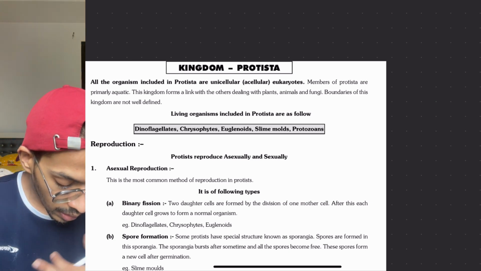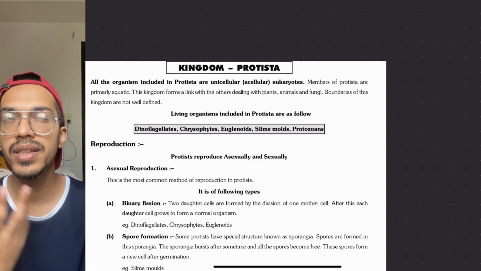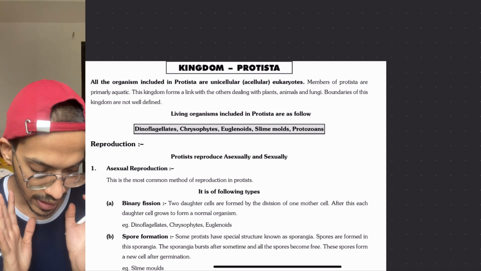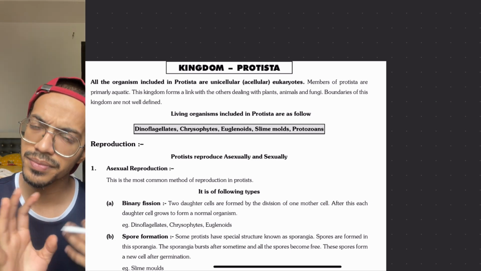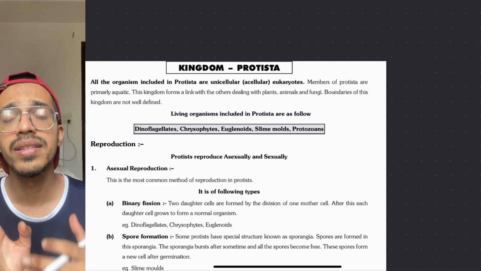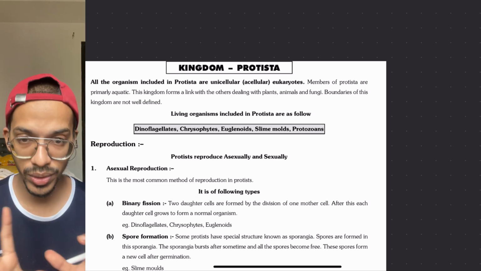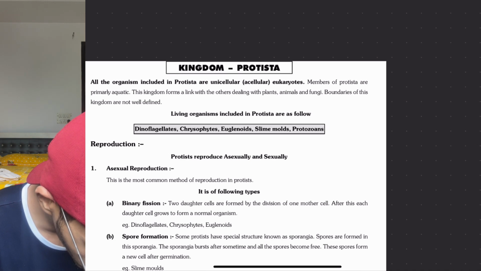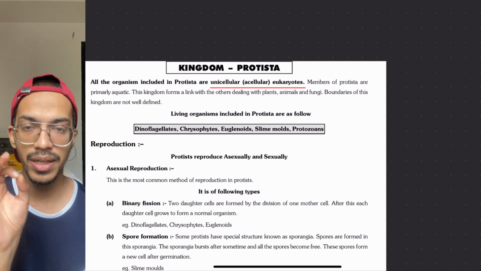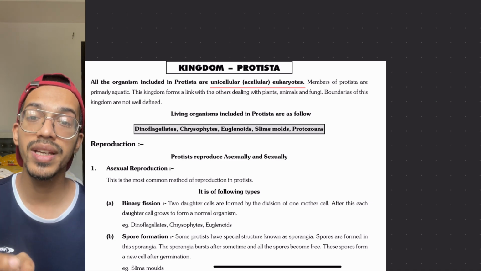Okay, next thing, whether they are cellular or acellular, they are cellular. Unicellular kind of organisms. Moving on to the next thing, most all of them are unicellular, which is an important point which I am highlighting here also. They are unicellular eukaryotes. Then their cell membrane I have talked about. Then their mode of nutrition is a wide variety.